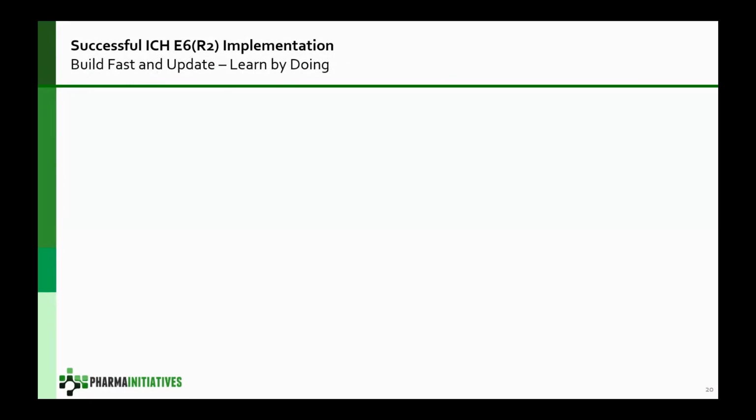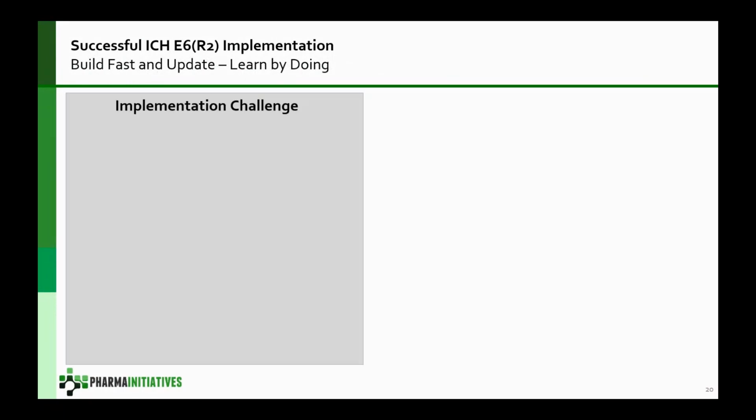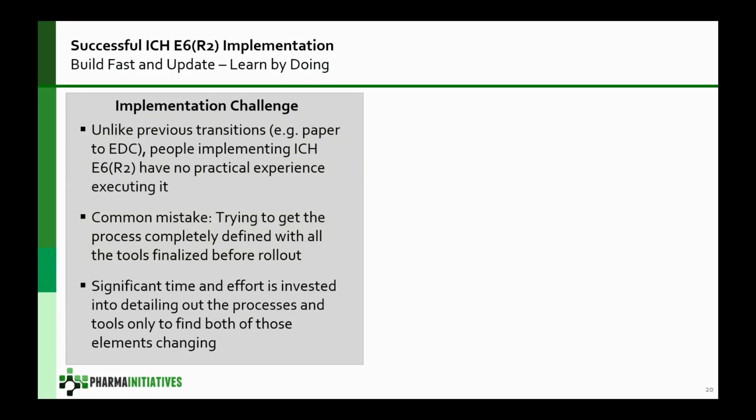The next concept here, which is a little different, is the difference between E6R2 and a lot of other implementations. I mentioned I've been around a while. I've done a lot of operations improvement. That's kind of what I do for a living.